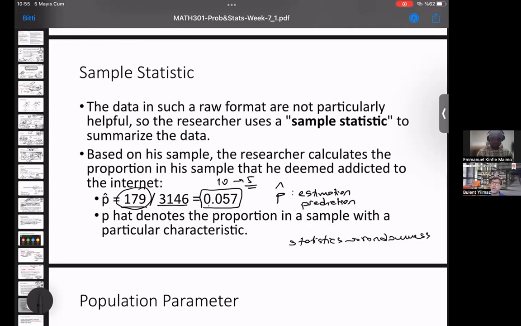It's not easy. You have to sample from different universities and different levels, first year, second year, third year, fourth year, even some students staying longer. You have to ask them, right? So it's very critical for you to come up with a sample statistic which will summarize your data.